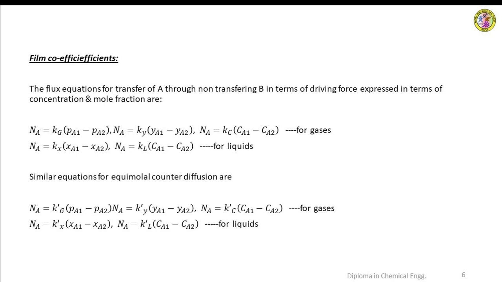For one case, where the mass transfer is occurring from a gas phase to liquid phase, Na equals kg into Pa1 minus Pa2, for example, represents the rate equation for the gas phase, and Na is equal to kx into Xa1 minus Xa2 represents the rate equation for the liquid phase.